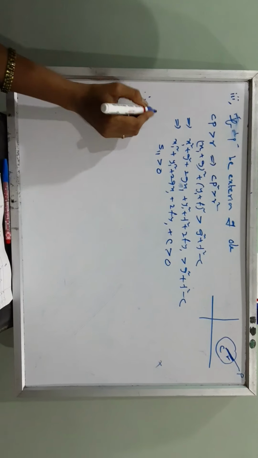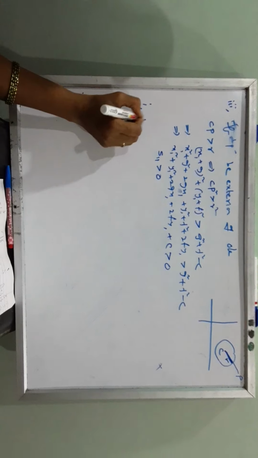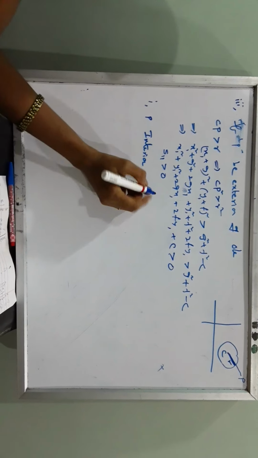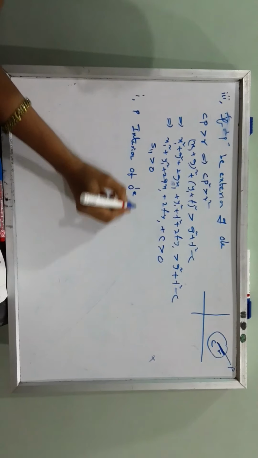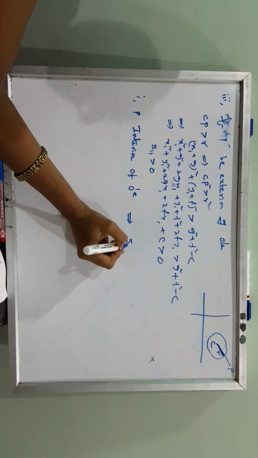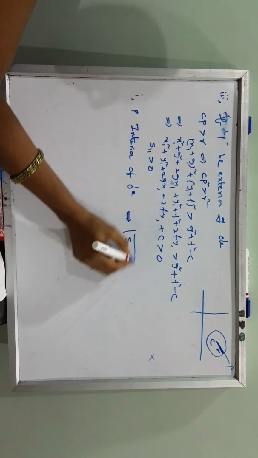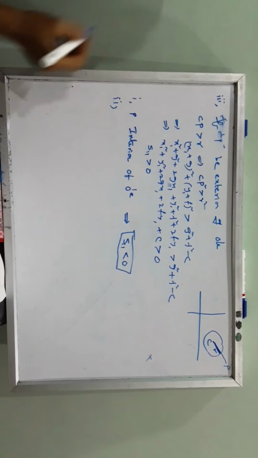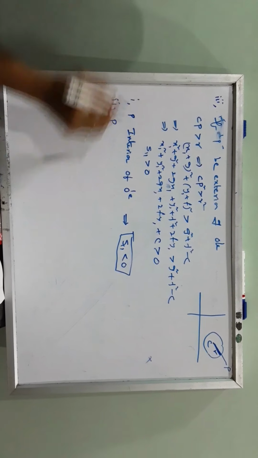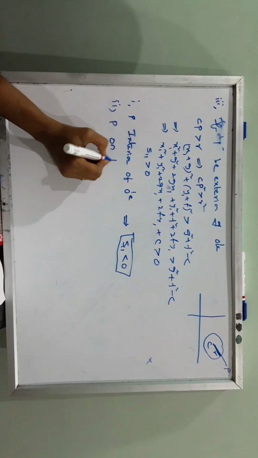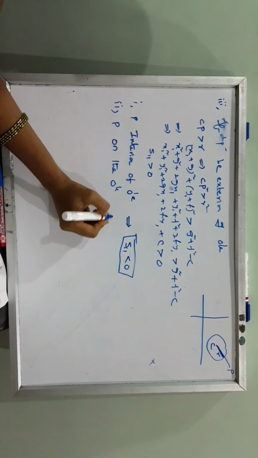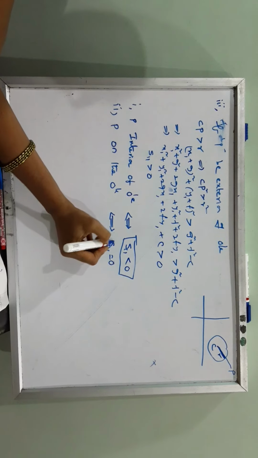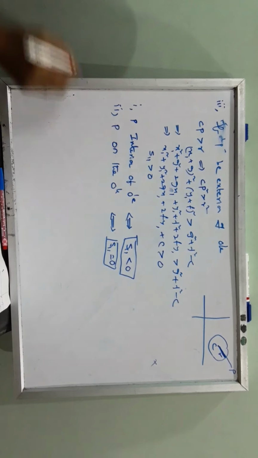Therefore, in the first case, P interior of a circle, the condition is S11 less than 0. Remember this. Second one, P on the circle if and only if S11 is equal to 0.